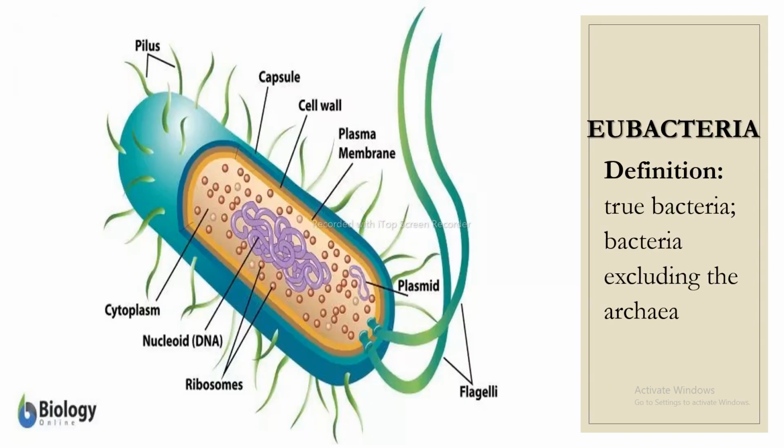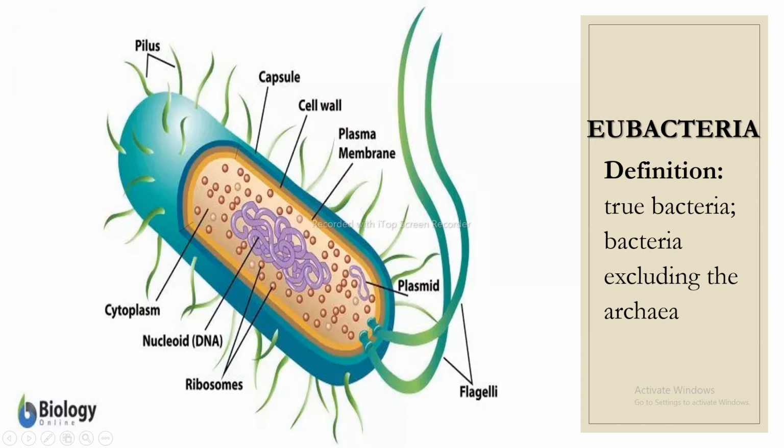So this is the structure of the Eubacteria as shown in the figure. In its structure, it includes pilus, capsule, and cell wall. The next is the plasma membrane. These are plasmids, and this is flagellae.